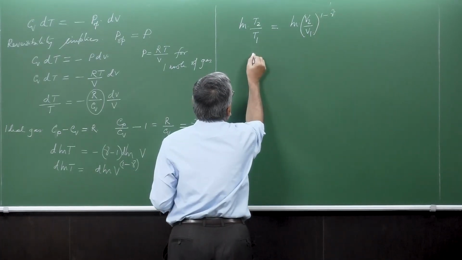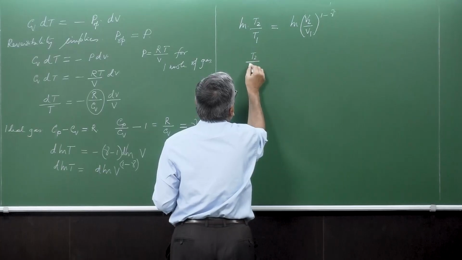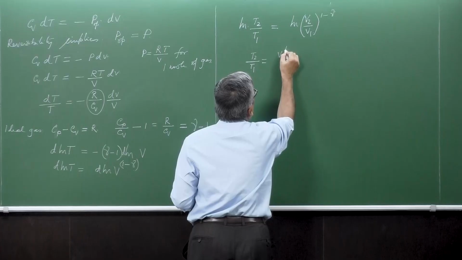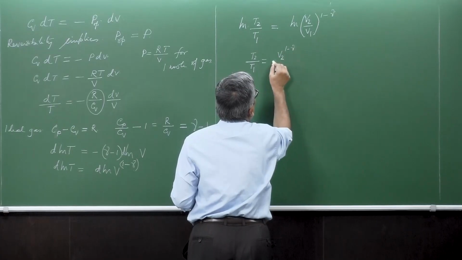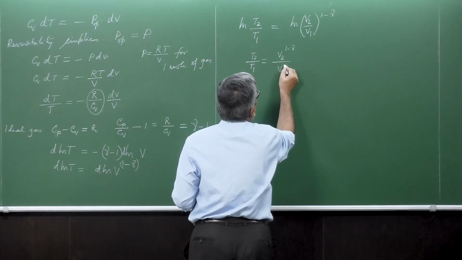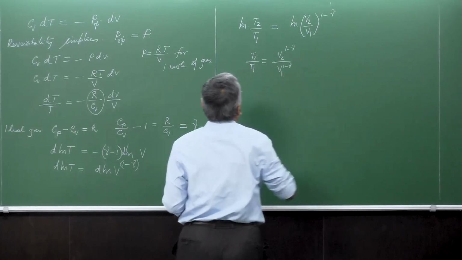So it is obvious that T2 by T1 equals V2 to the power 1 minus gamma divided by V1 to the power 1 minus gamma.